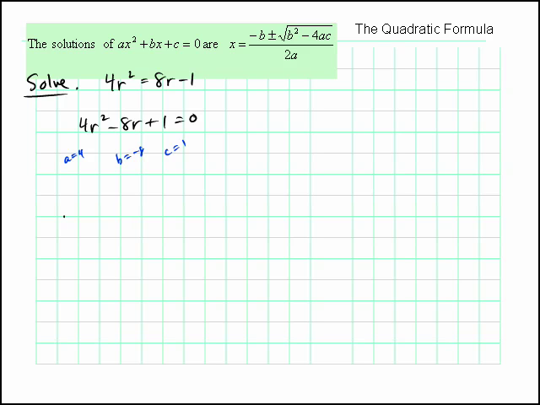Now, instead of x here, I have r, so it's going to be r equals negative b plus or minus the square root of b squared minus 4 times a times c. Divide everything by 2a.